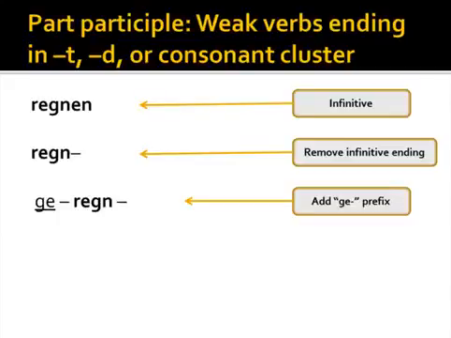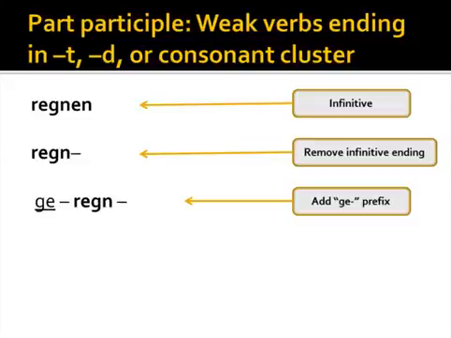We're going to have to add a t, but it's difficult to pronounce because the n in the consonant cluster gn is spoken at the front of your mouth, and that's the same place we're going to say the t. So moving between two consonants that are at the front of your mouth is just difficult to do in German.